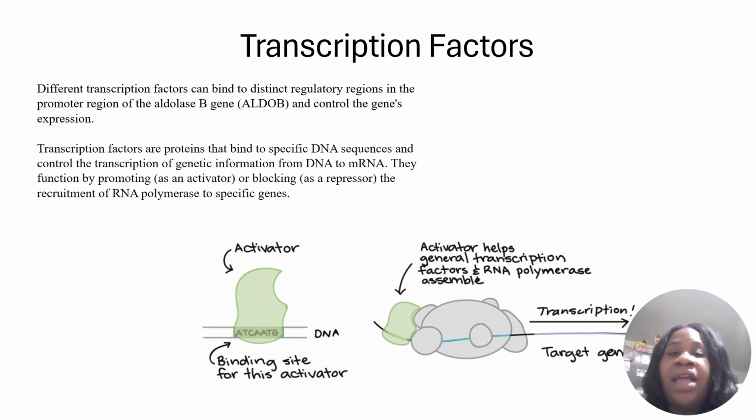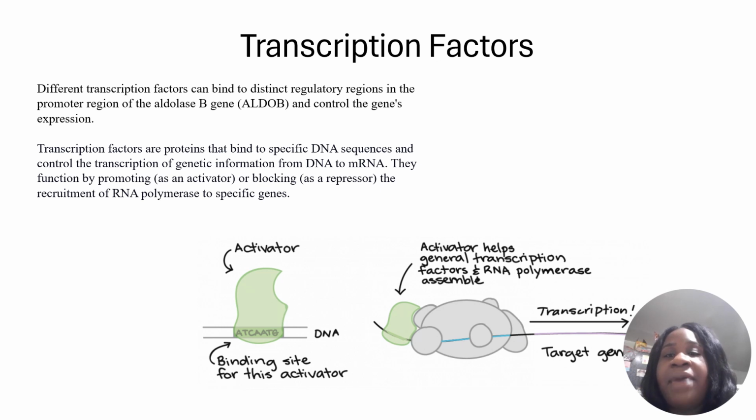HNF3 can act synergistically with HNF1 to enhance the transcriptional activation of aldolase B, further promoting the expression of aldolase B in hepatocytes. And so, just like HNF1, HNF3 plays a crucial role in the regulation of liver-specific gene expression in the metabolic pathways.